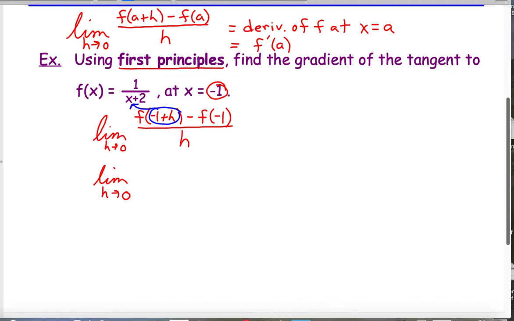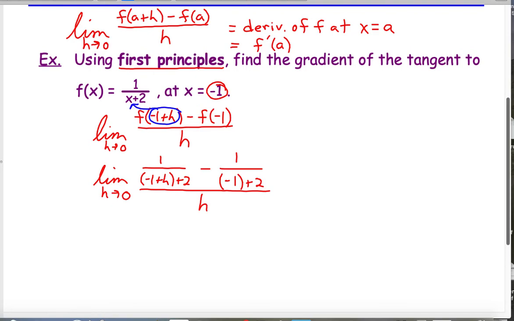So this is going to be 1 over, in parentheses, -1 plus h plus 2, minus f of -1, that's 1 over -1 plus 2, all over h.